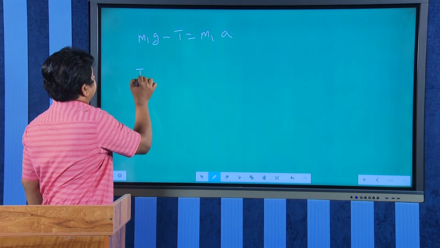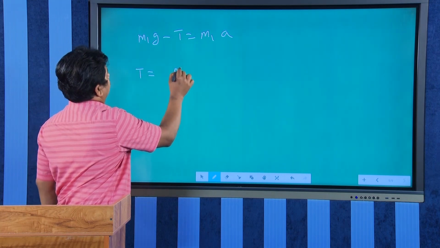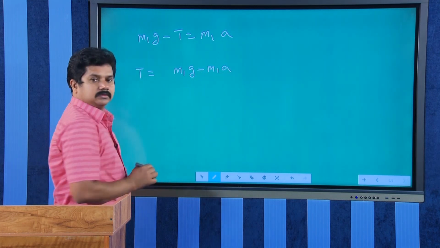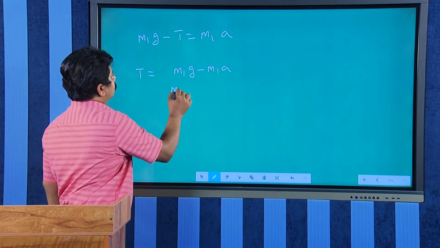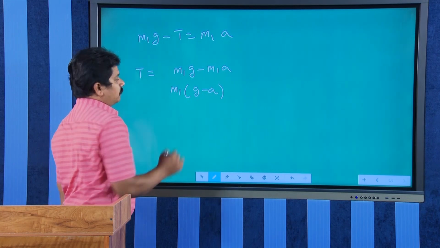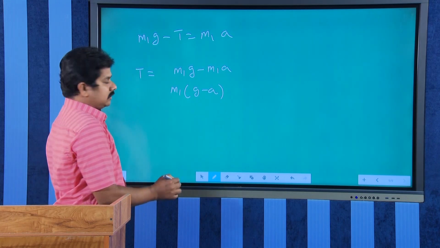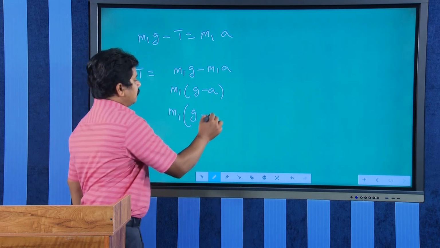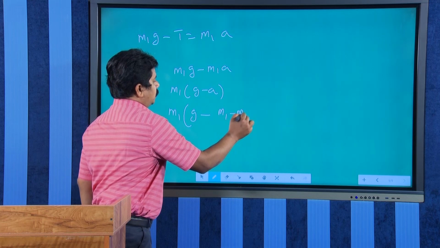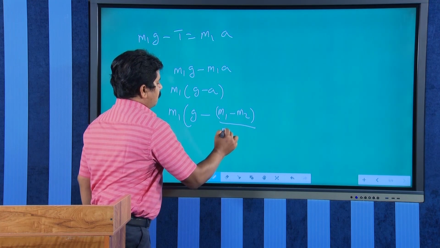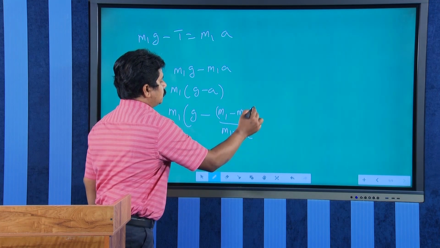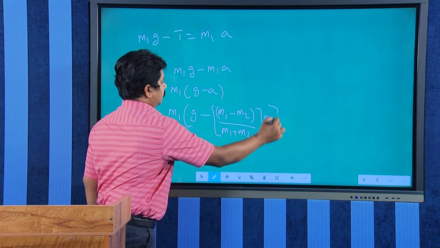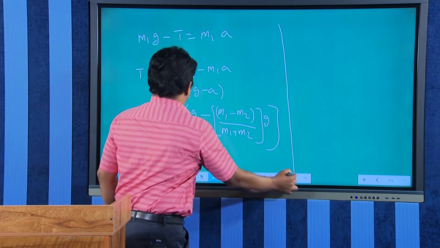So, T equal to how much? m1 g minus m1 a, or m1 into g minus a. What is our acceleration? Our acceleration is m1 minus m2 by m1 plus m2 into g. So, this is what is tension.